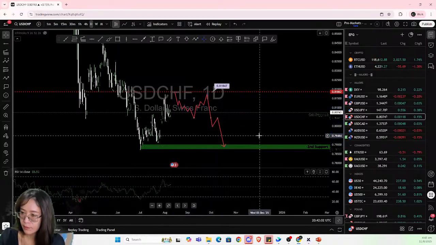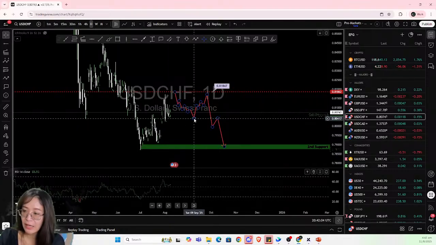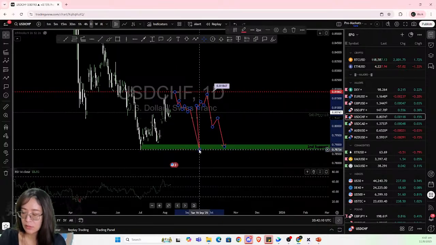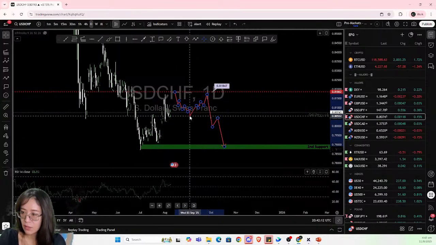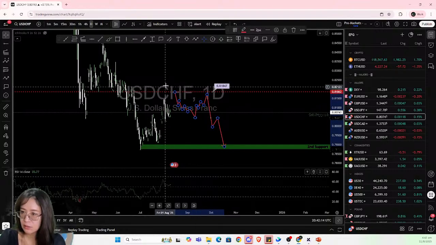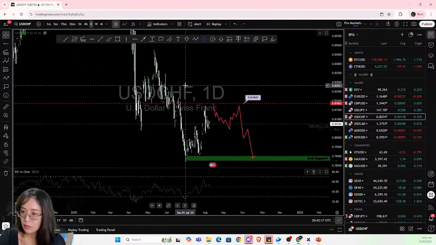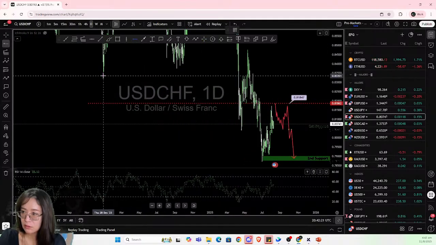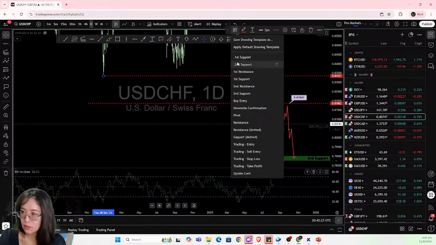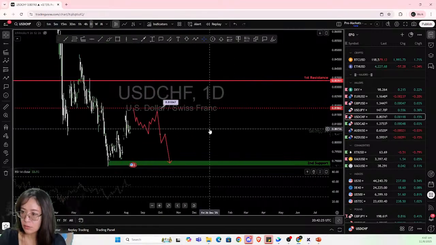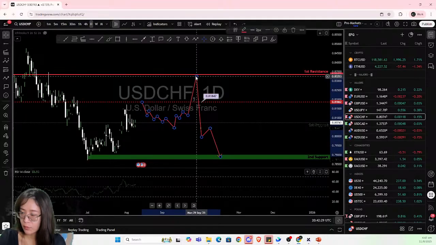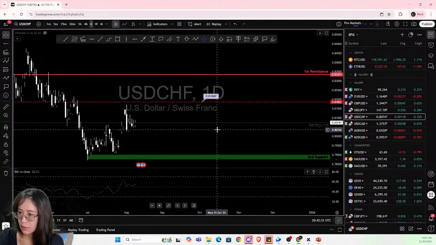Usually here, unless there is really high impact news coming up, it might break the key level and go to the second support. If you don't see any confirmation at this key level, I think they will go up to the next resistance level. This is your first resistance. If they don't respect this intermediate, they might go all the way up here.